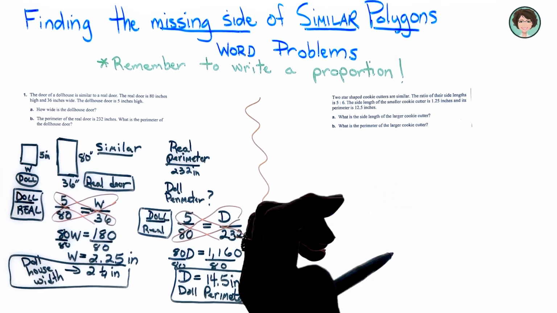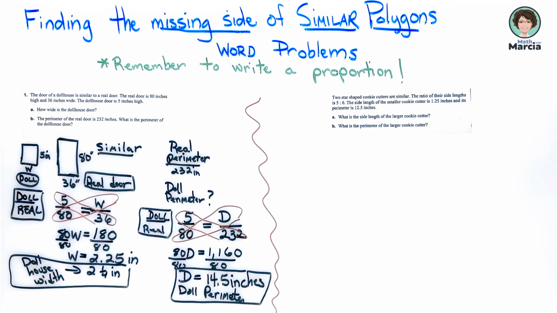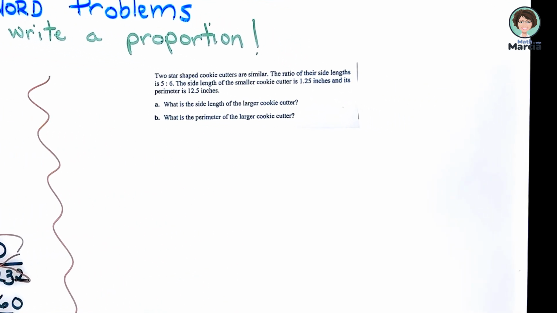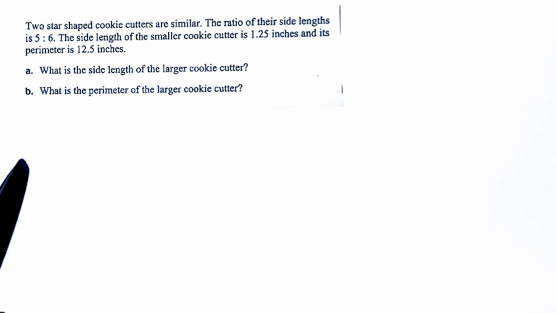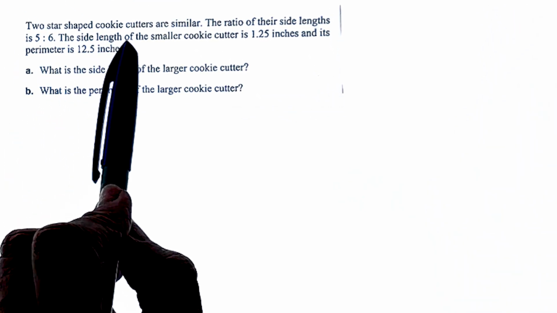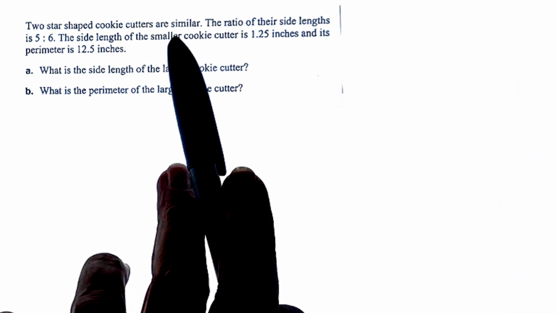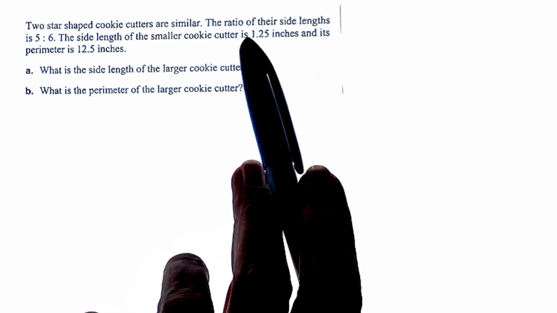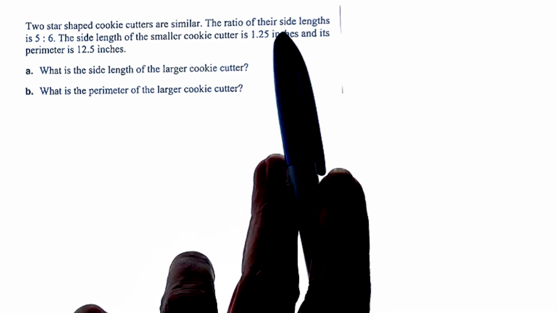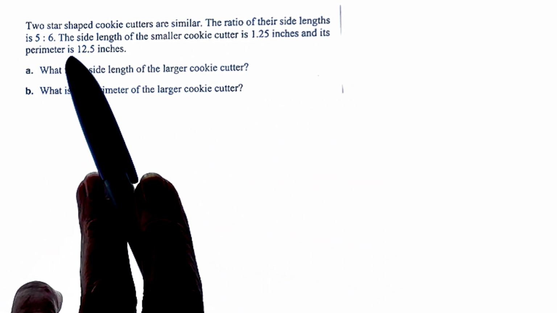the second problem. So for the second problem, remember, in the problem, it says that two star-shaped cookie cutters are similar. So when I draw a picture, even though they may not look it, they are similar. It says the ratio of their side lengths is 5:6.